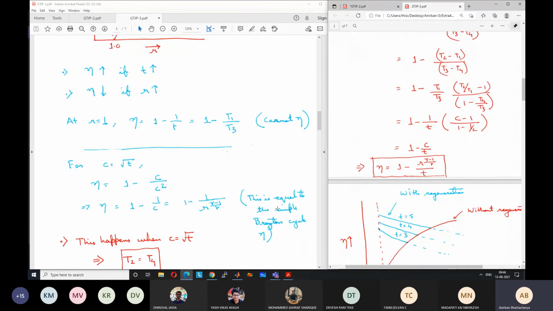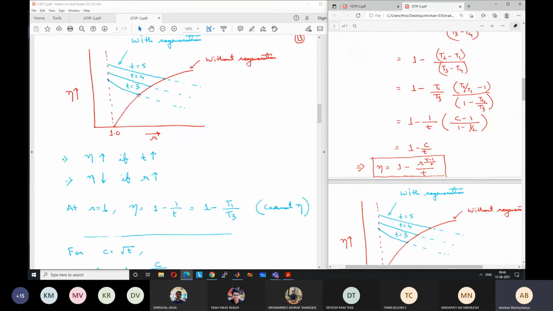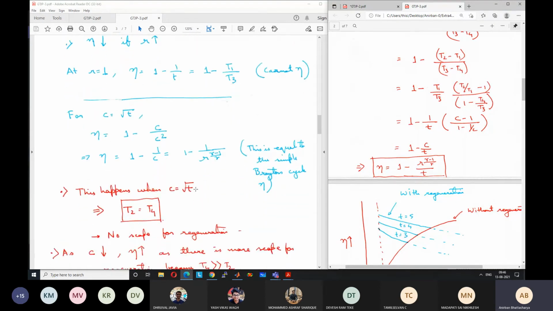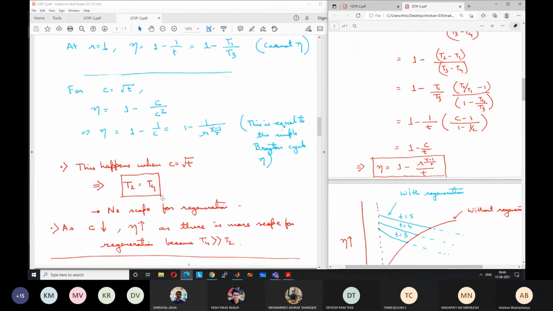This is equal to the simple Brayton cycle efficiency. So the efficiency becomes equal to the simple Brayton cycle efficiency when the condition C equal to root T is satisfied. And C is equal to root T happens when T2 equal to T4. We have already seen that. So at T2 equal to T4, both efficiencies become the same because there is no scope for regeneration.